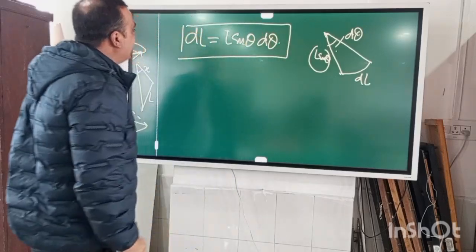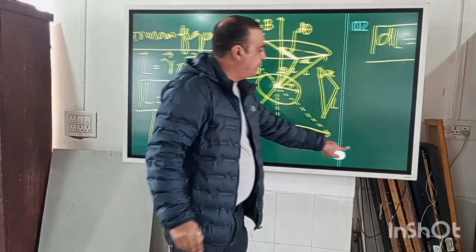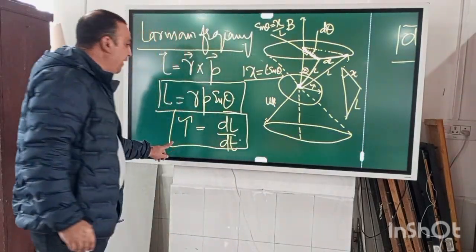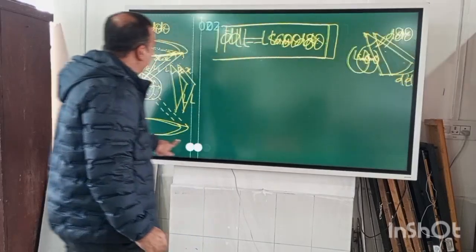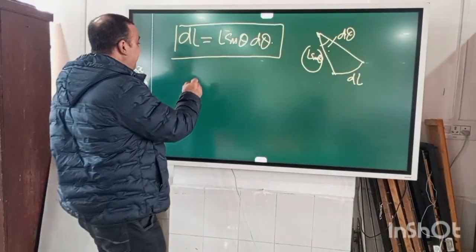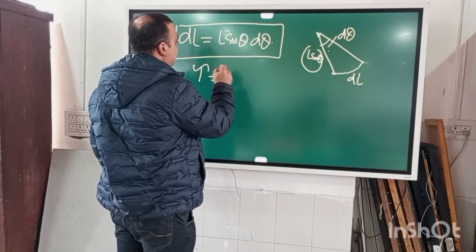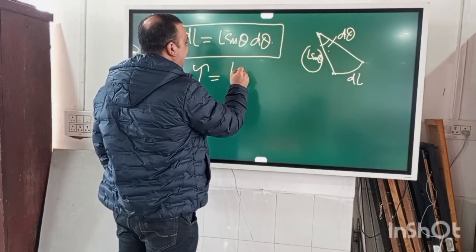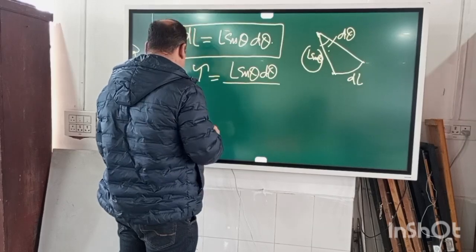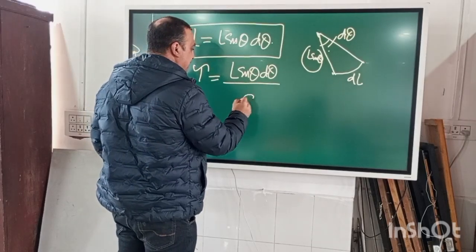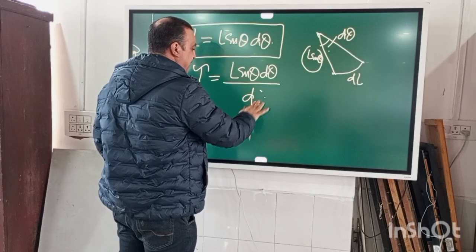We can immediately substitute the value of this dL in the equation of torque. Instead of dL, I'm going to write L sine theta d theta divided by dt.